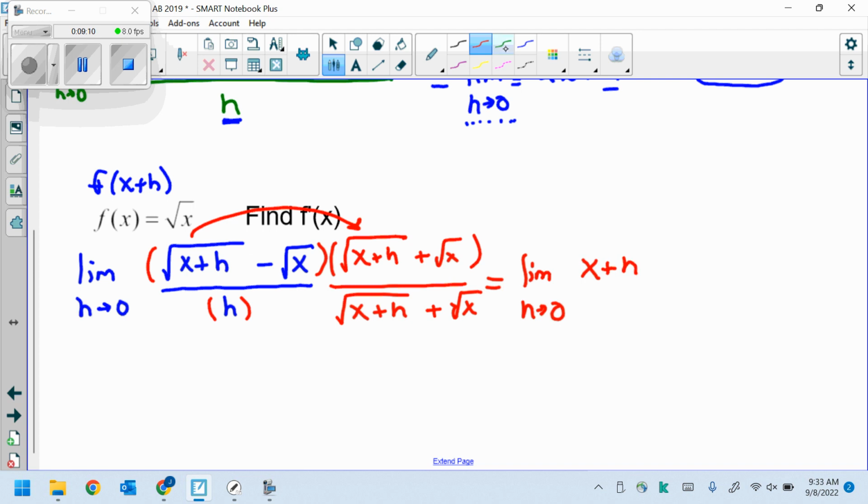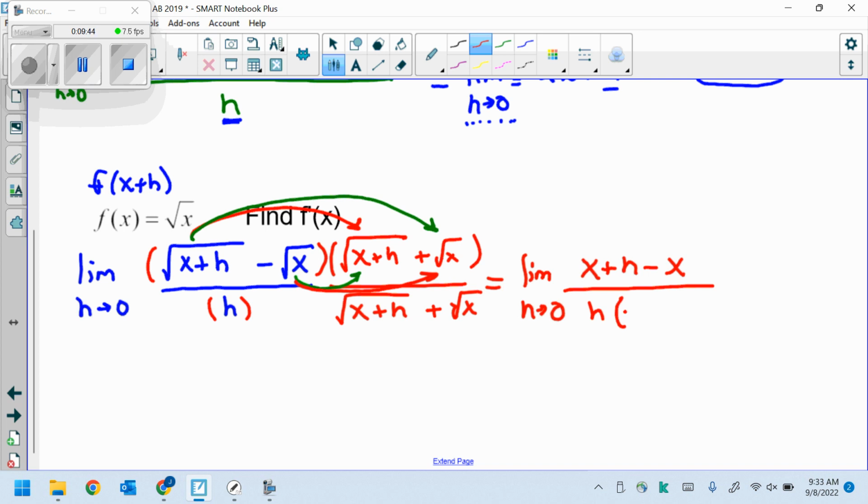Now, the reason you multiply by the conjugate is because this term and this term, the O and the I of FOIL, are opposites of each other, and 100% of the time are going to result in 0 when you multiply by the conjugate. And so now I need to do the L of FOIL. The opposite of the square root of x times the square root of x will be subtracting an x. And on the bottom we've got an h.